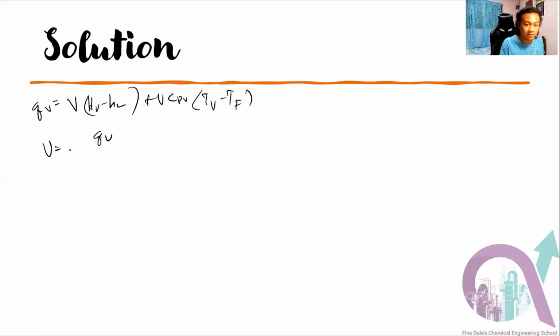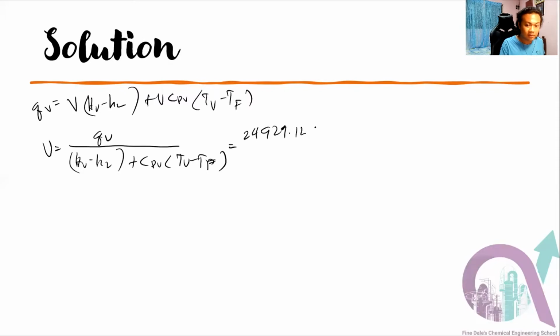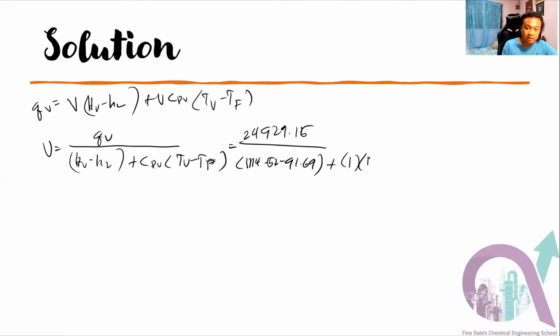So QV, then HB, HL plus CPV, TV minus TF. Okay, so substitute everything. So you have 24,929.15. Then you will have here at the denominator 114.52 minus 921.69 plus 1,124 minus 100.